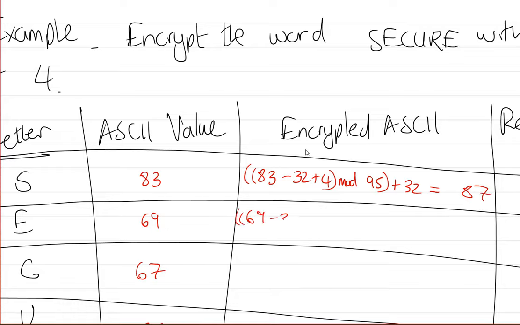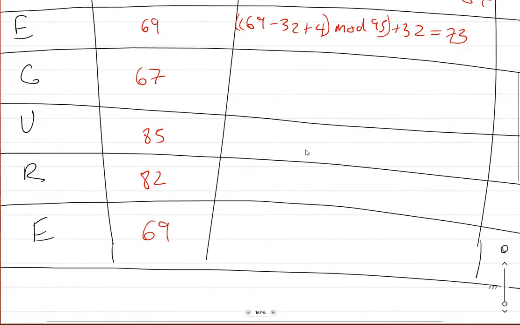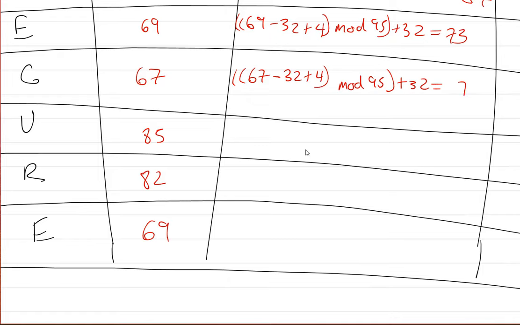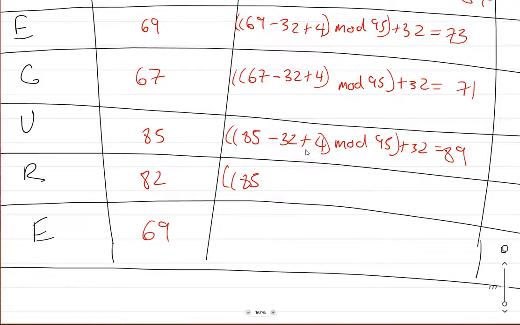Okay, 69 minus 32 plus 4, modulo 95, plus 32 is equal to 73. 67 minus 32 plus 4, modulo 95, plus 32 is equal to 71. 85 minus 32 plus 4, modulo 95, plus 32 is equal to 89. 82 minus 32 plus 4, modulo 95, plus 32 is equal to 86.